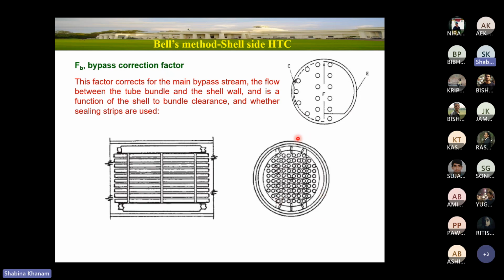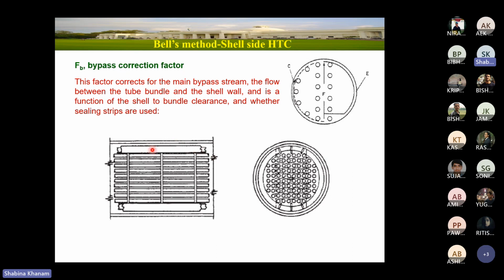If you consider this particular image, here I have the bundle diameter, and in between there are different tubes. If you see this vertical section, this strip, all these strips we consider as sealing strips.